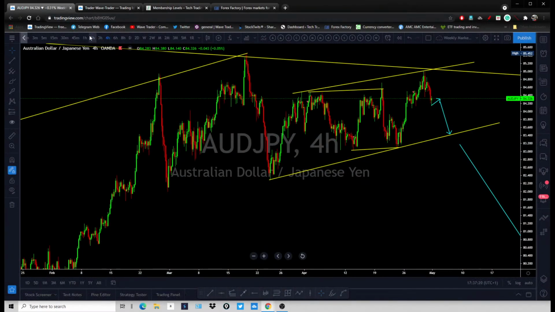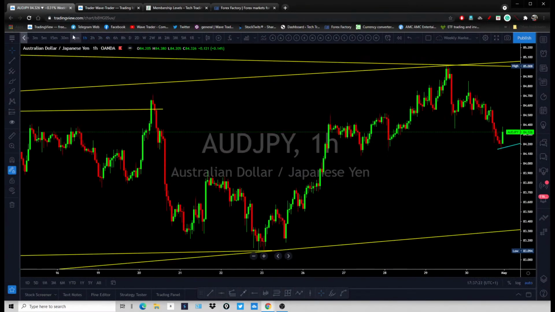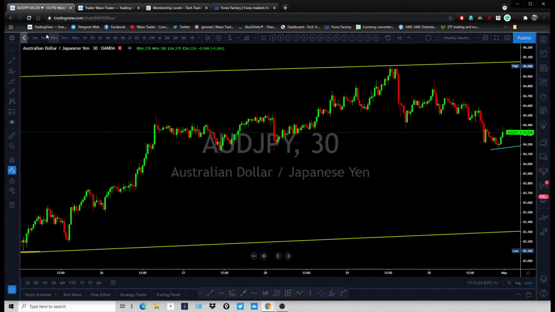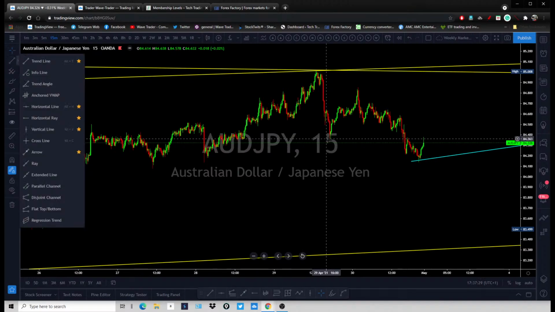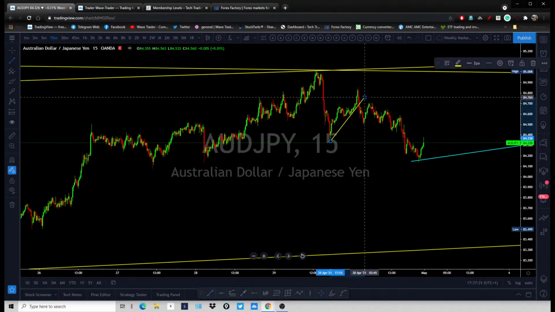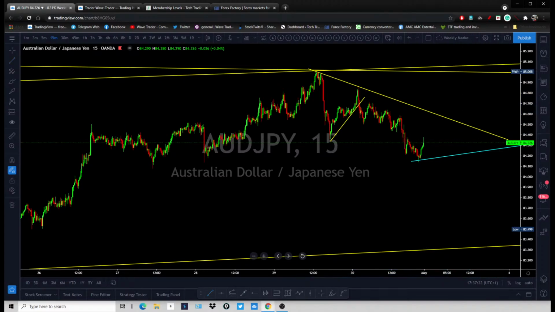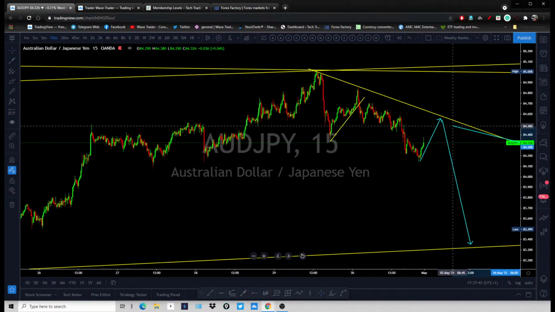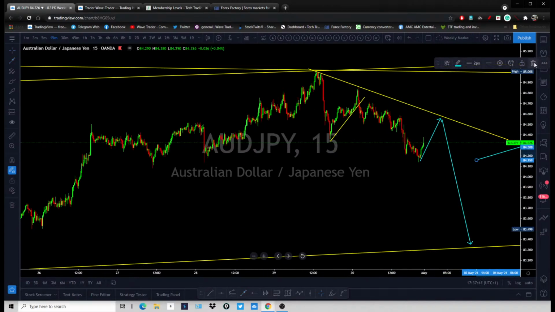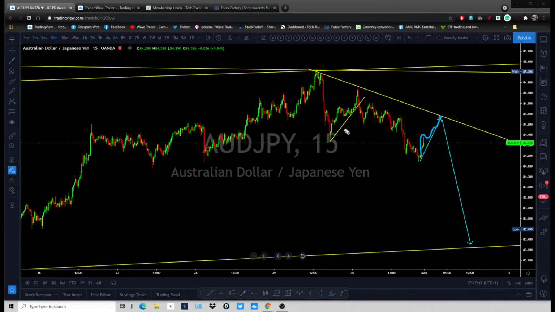If I look at the lower time frame, this chart is still at the top. 15-minute correction, and the wave has begun. Correction there on this 15-minute time frame, then a correction and a drop, similar to the previous correction and drop.